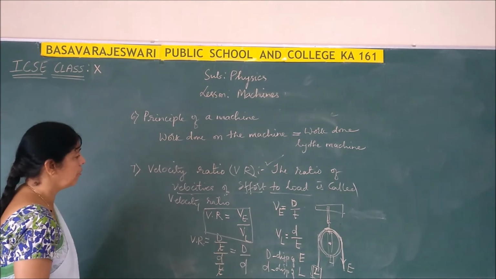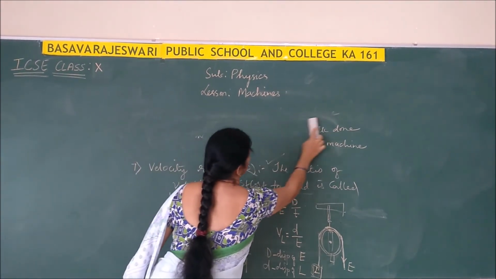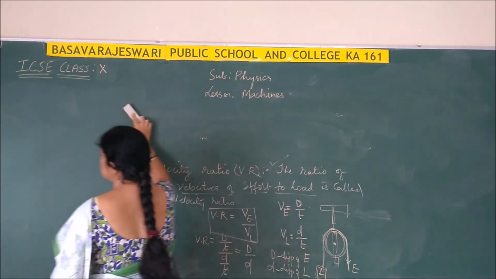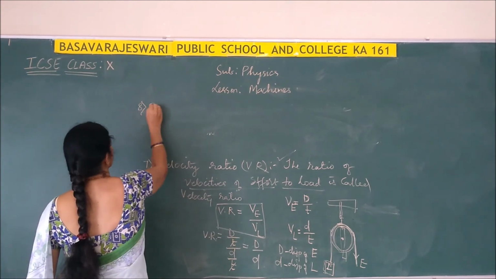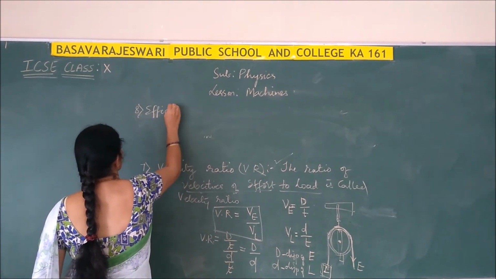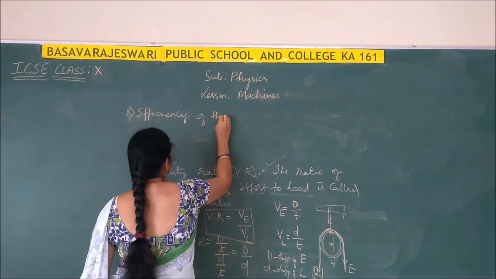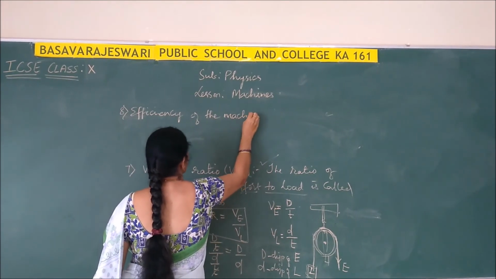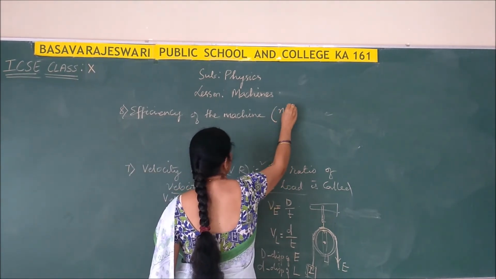Now, next term we shall go now. That is efficiency of the machine. Efficiency of the machine is denoted by the letter eta.